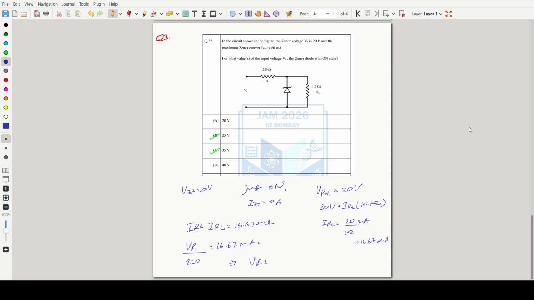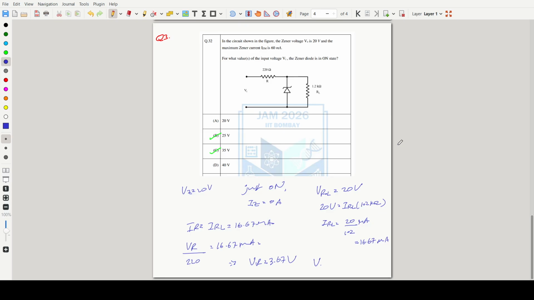VR would be 16.67 times 0.22, which is 3.67 volts.